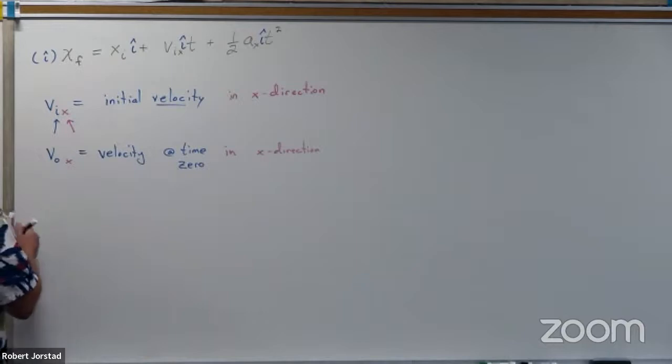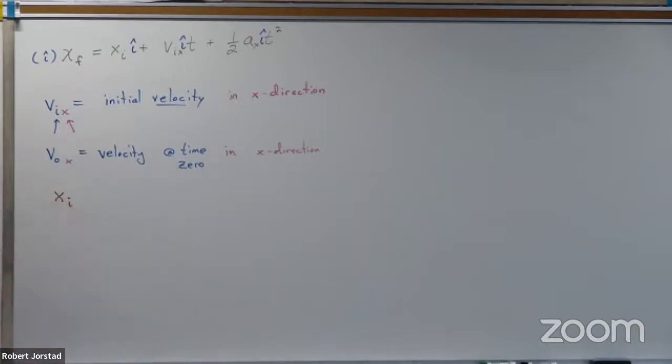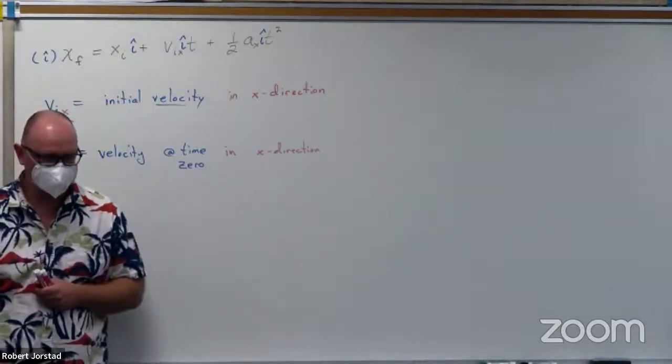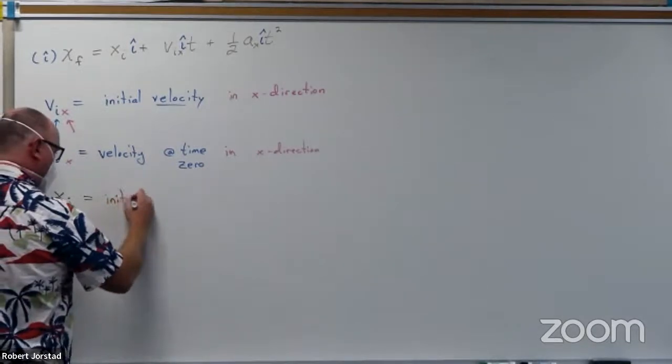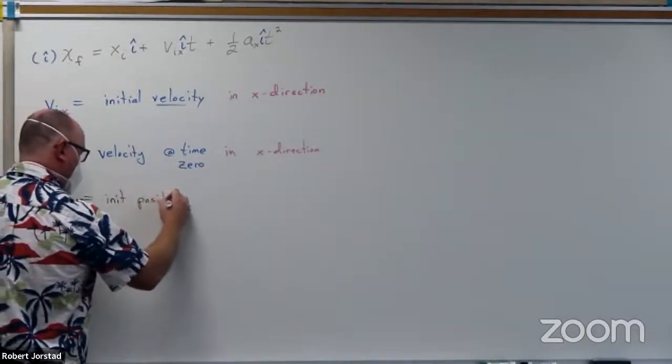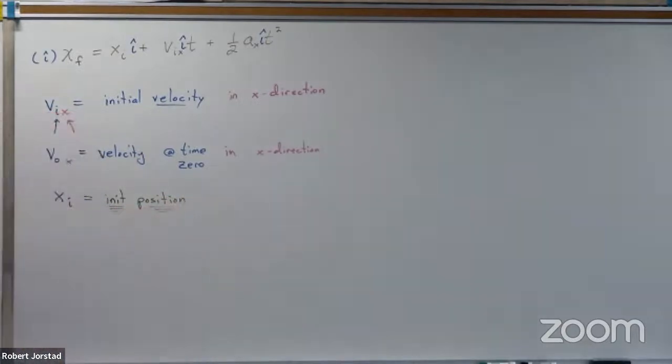Let me write that down here. Whoops, I just said what the I means, right? What does the X mean though? Position, not distance, not displacement, position. Okay, so that's the initial position.